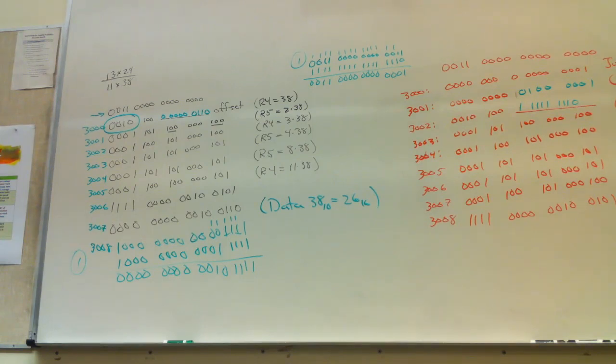Well, if I look at it as an integer, it's a 4-1 hexadecimal. 4 times 16 is 64, plus 1 is 65 decimal.